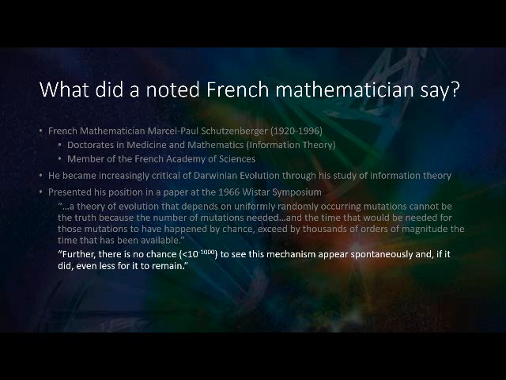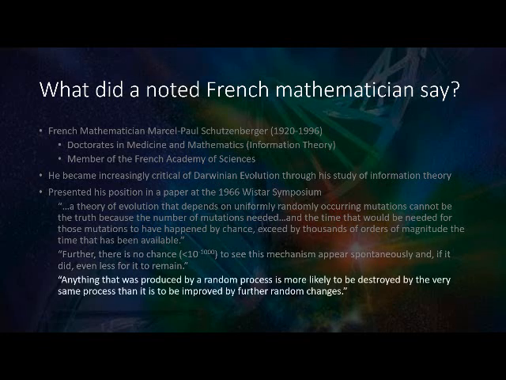So he said no chance to see this mechanism appear spontaneously, and if it did, even less for it to remain. And that's because the third quote I've got is, anything that was produced by a random process is more likely to be destroyed by the very same process than it is to be improved by further random changes. That's like I was saying, you don't improve a computer program by making random changes.